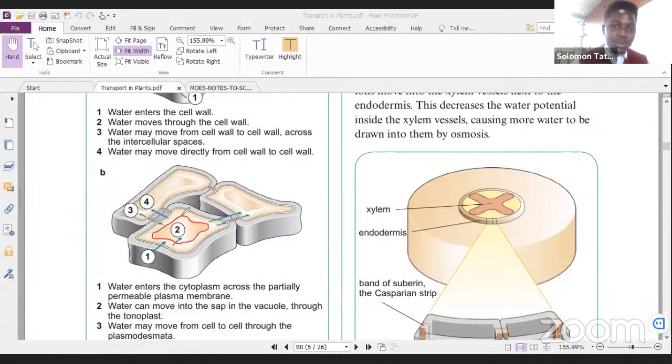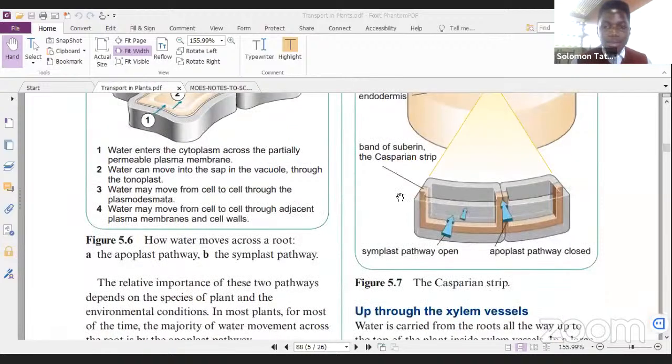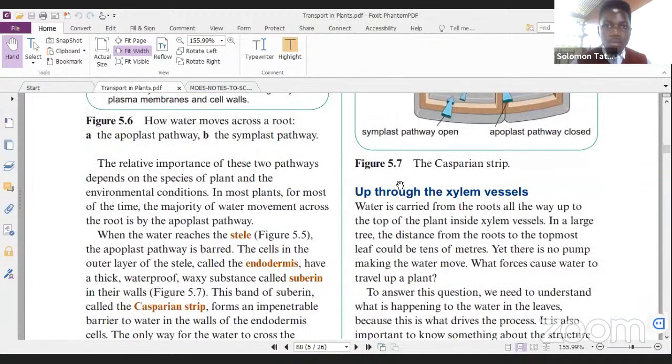Obviously, it is involved because it is the membrane that surrounds the vacuole. So I hope, Faith, that answers your question. Okay, good job, everyone. Well done.